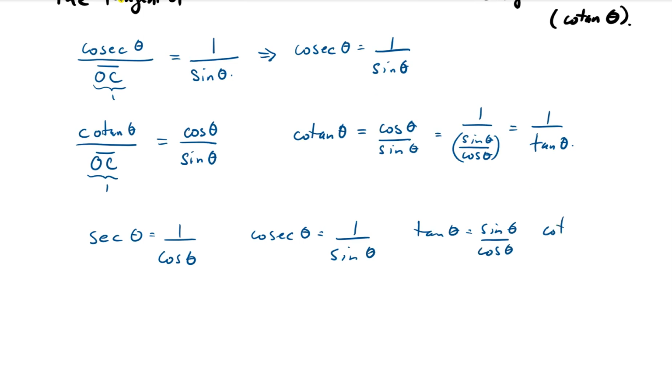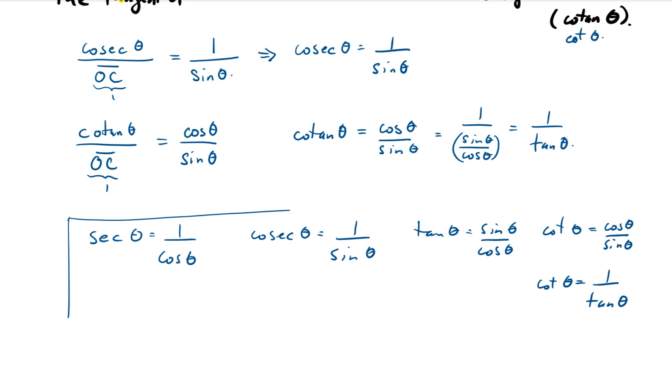We've got cotangent. Sometimes we just write cot, so both are acceptable. Cotangent of theta is cosine over sine, and we can also say that cotangent is 1 over tangent. Here you go. You've got them all.